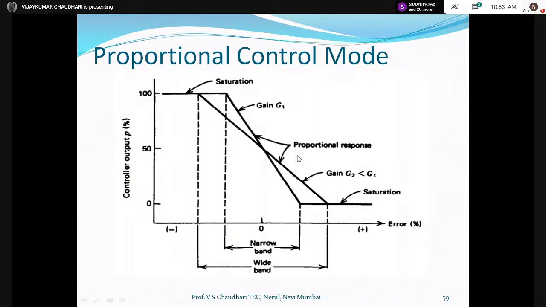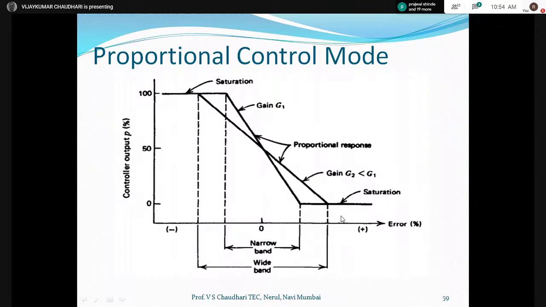Okay? So this is the saturation, 0 and 100%. And these are the responses. This is the set point, positive error, and this is negative error. And this is the band, the proportional band, what it is called. So in this band only, we will have a linear relationship between the controller output and the error.